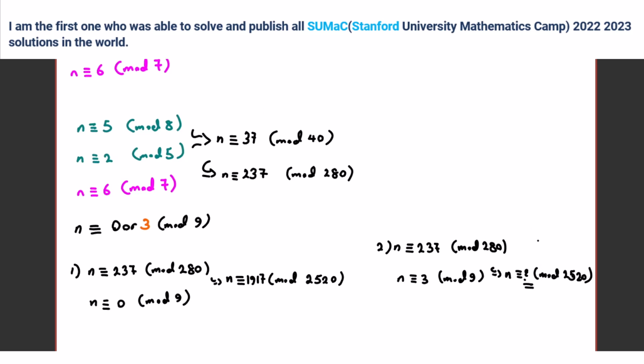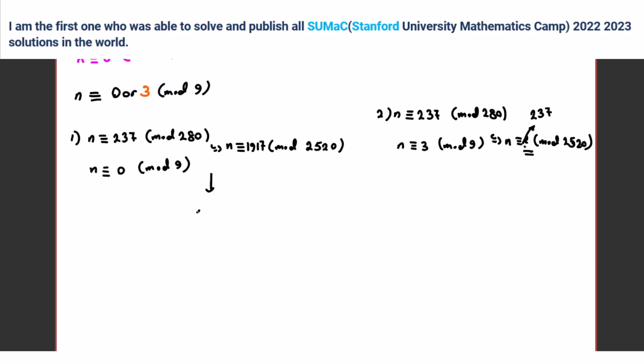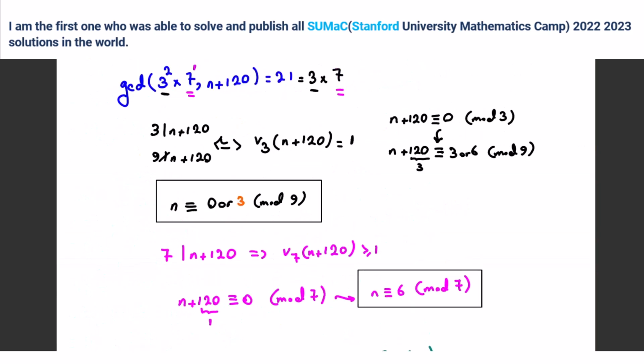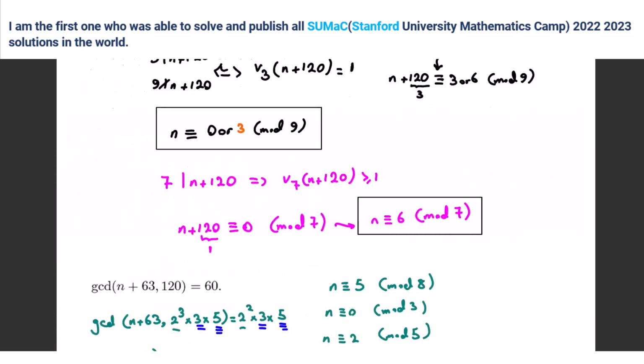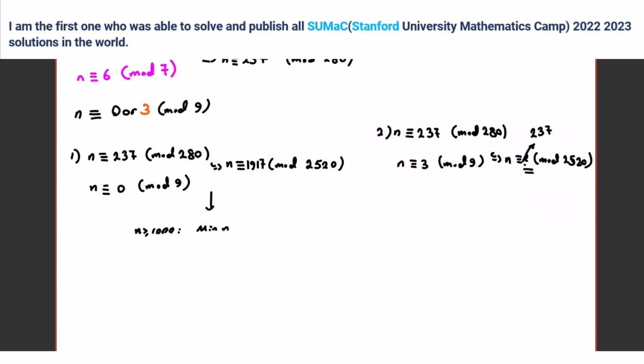Let me write. Yes. For this case, minimum n, because n should be greater than 1000, right? Yeah. Strictly greater. Okay, it's not important here because 1000 is not possible.